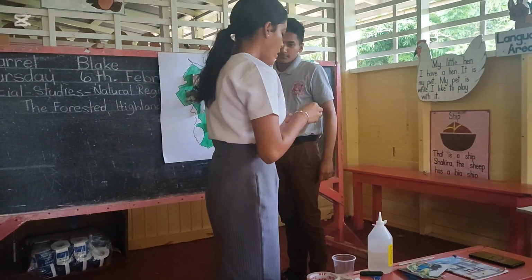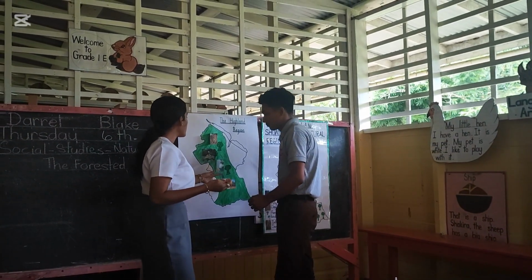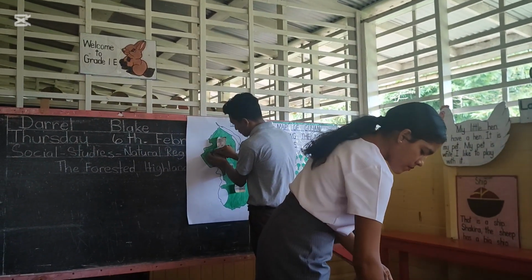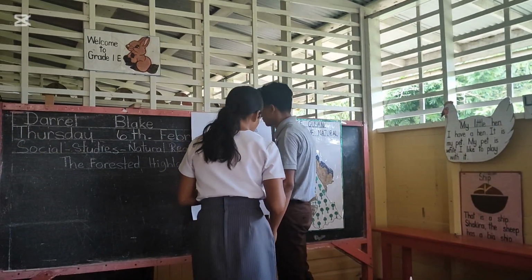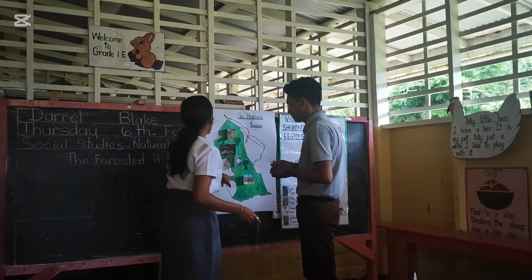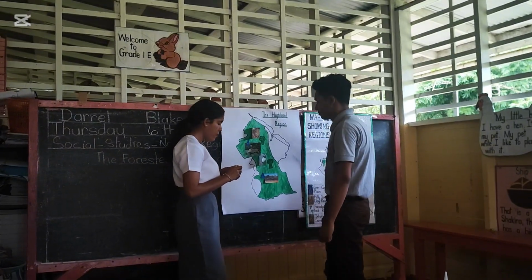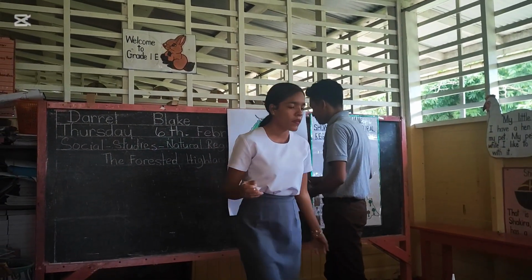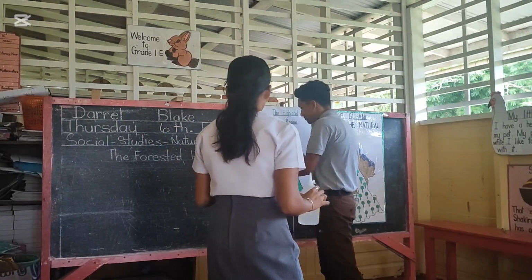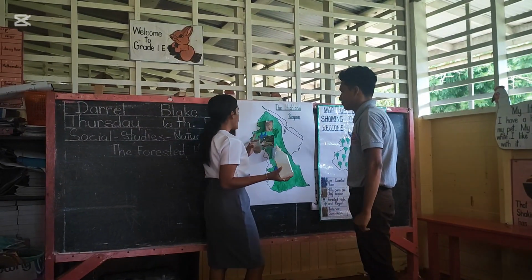And here we have some cutouts that are shaped like mountains to show that it is not only covered in forest, but it is also very mountainous. Now some of these mountains are also known as tourist attractions. Alright, so now we have some sand here to indicate the texture of the forested highland.